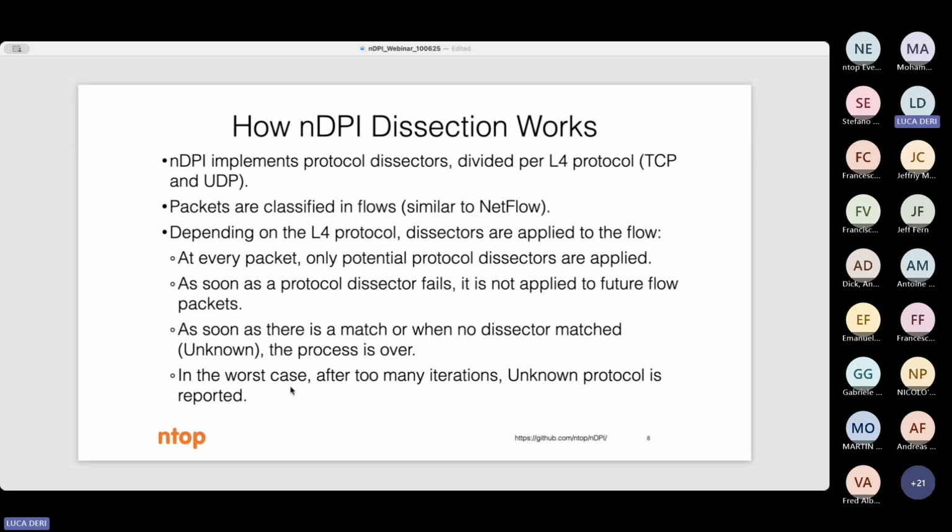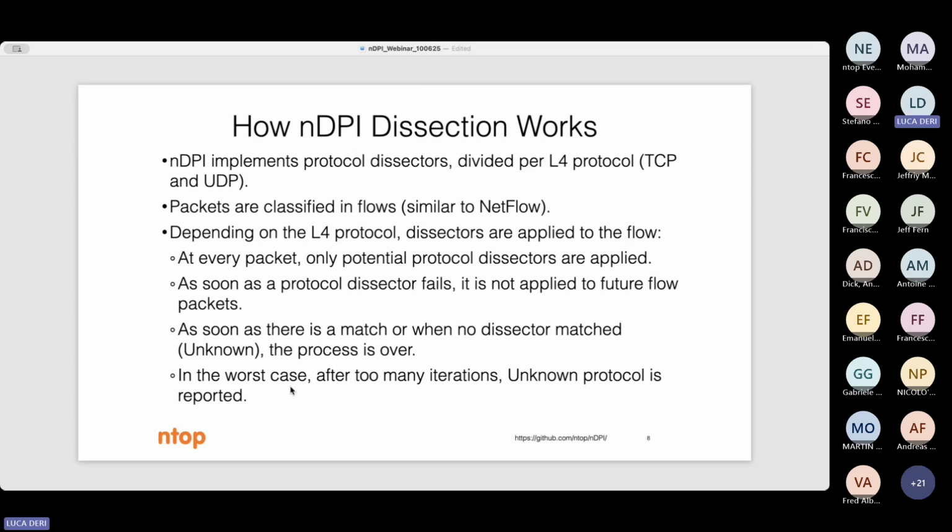Dissection works in steps. In essence, we divide the dissectors into big families, those for TCP and those for UDP. Again, nDPI starts on top of IP, so non-IP traffic is really not relevant for DPI. Whenever we have an IP packet, the packet is passed to nDPI, I will show you the API later, and is classified.